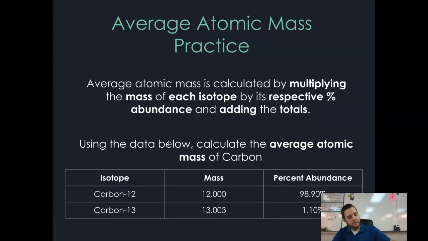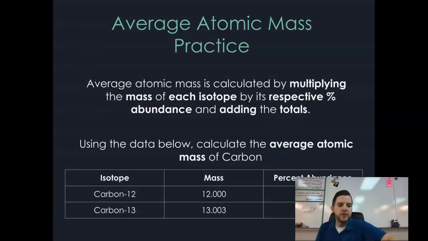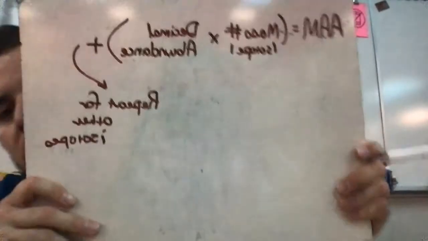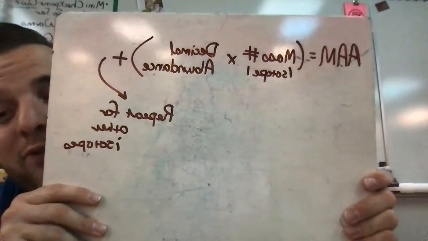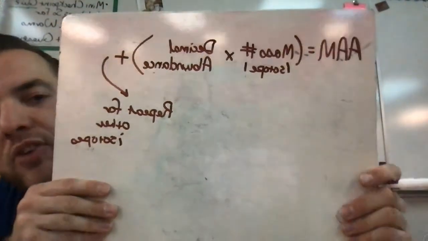Plus, and then repeat for other isotopes. Okay, I probably should have written this down before we started, but here we are. Okay, so this is essentially the quote-unquote formula. It's not really a formula, but this is essentially the formula for average atomic mass.